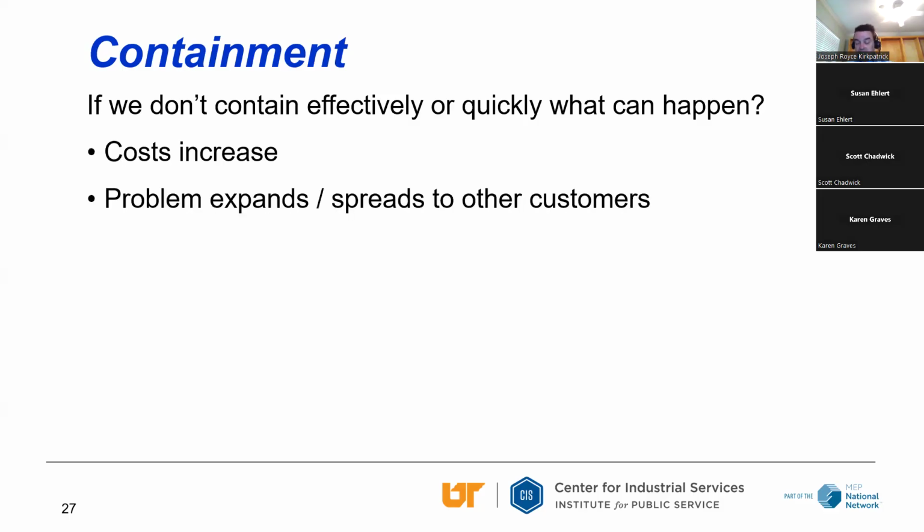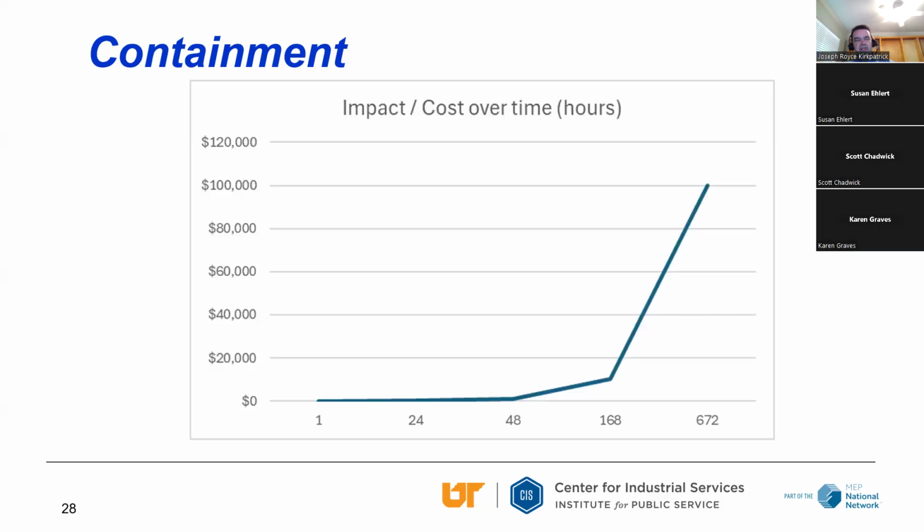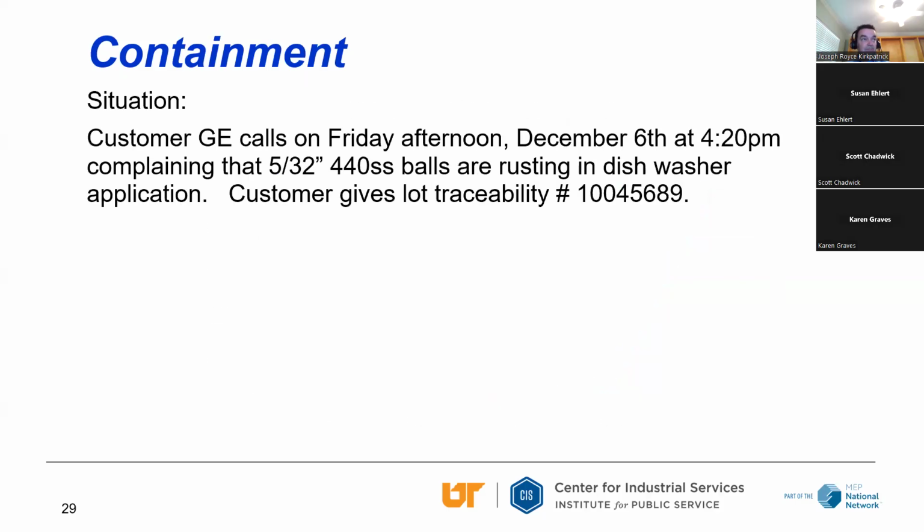Costs can grow. The problem expands to other customers or other product lines or other areas if we don't get a handle on the situation. This is just a simple graph of time versus cost of really any complaint, in general terms. If we contain something very quickly, it's not going to cost us that much. But if it expands, it can multiply astronomically.